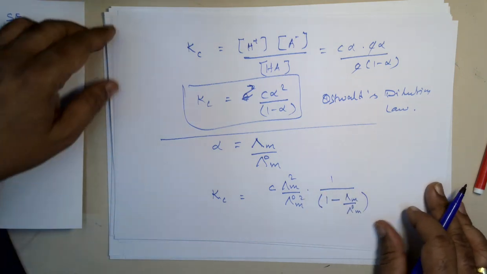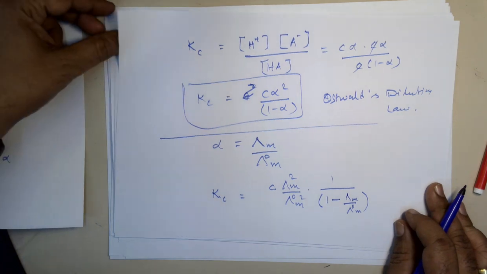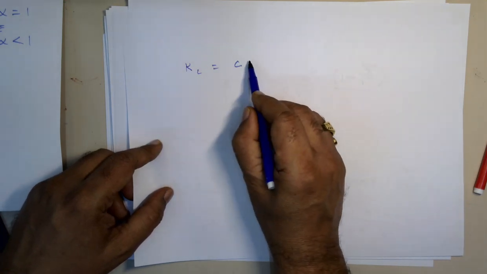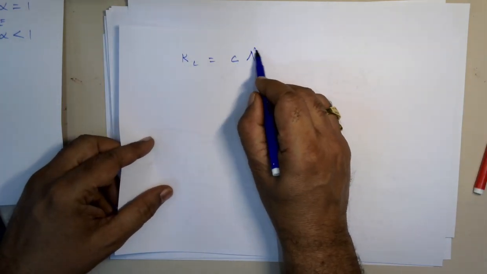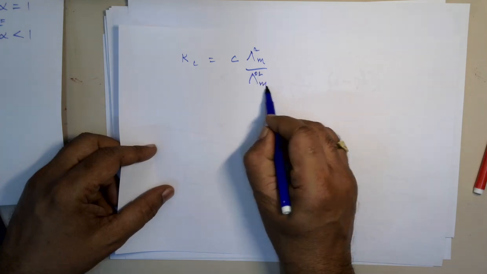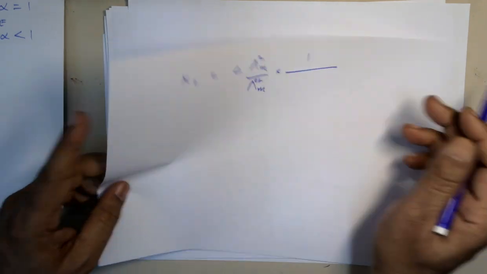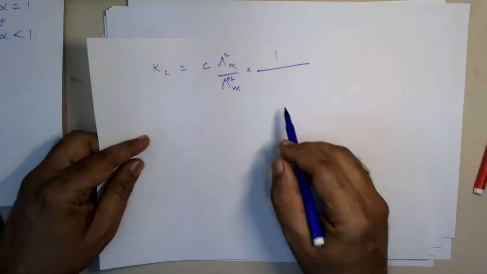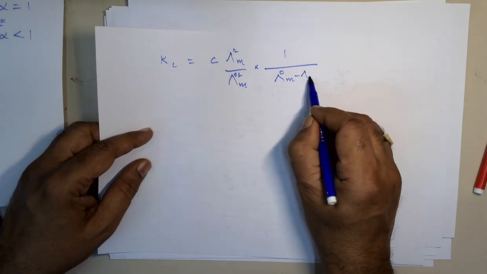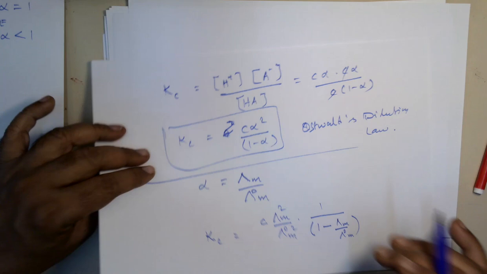Let us take the LCM. Kc is equal to C into lambda squared m divided by lambda naught squared m, into 1 divided by lambda naught m minus lambda m divided by lambda naught m.